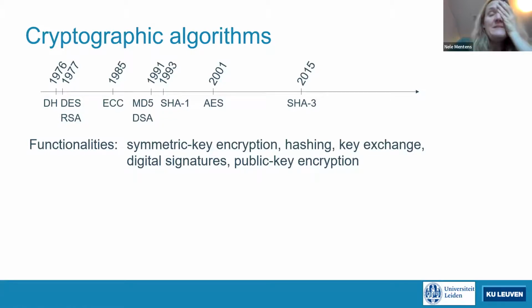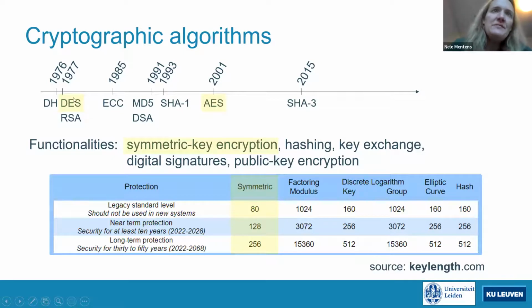Here is a timeline with some examples of cryptographic algorithms that have been standardized over the years. These are some examples, and there are definitely more. Functionalities of these algorithms are symmetric key encryption, hashing, key exchange, digital signatures, and public key encryption. Looking at the timeline, there have been a few that do symmetric key encryption.